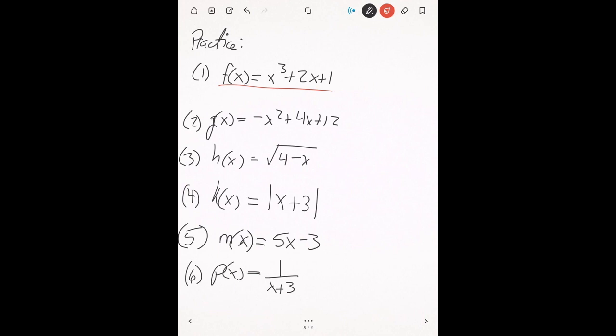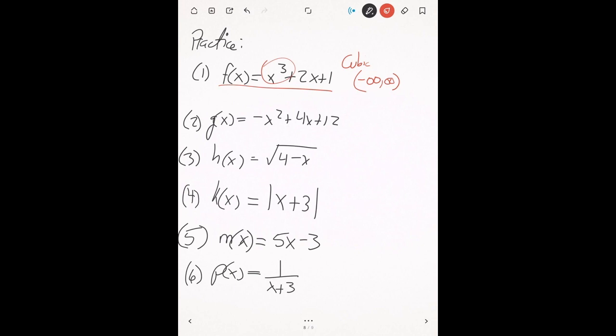For example, number 1, this is a cubic function. I can tell because it has an x cubed in there. And its domain is negative infinity to infinity. That's what we said before. If I have a cubic function, its domain is always negative infinity to infinity.